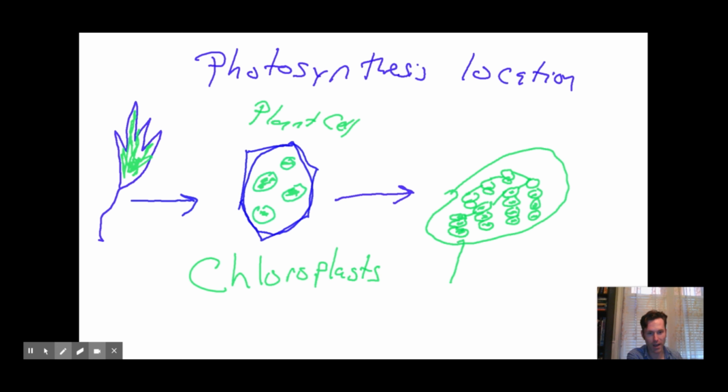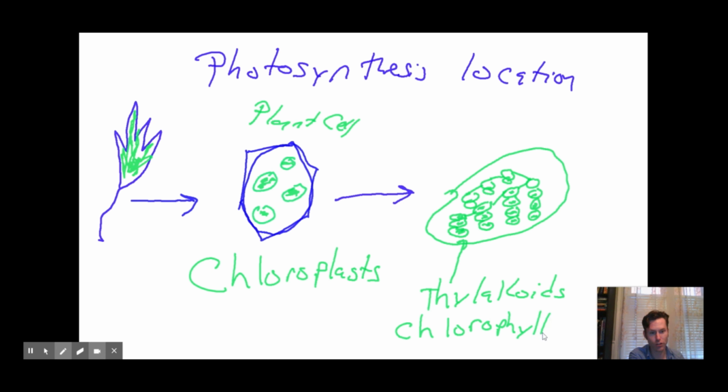These green stacks are the thylakoids. And they are basically just big stacks of membranes that have been coiled up into tight little packages, and they are packed full of the pigment chlorophyll.